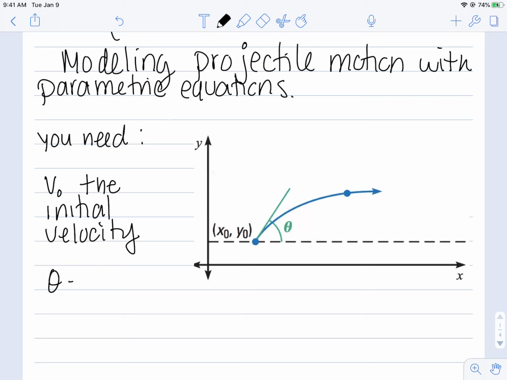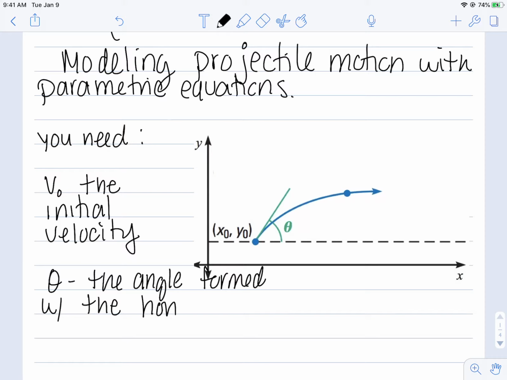And then theta, an angle, the angle at which the projectile is thrown. So theta is the angle formed with the horizontal.